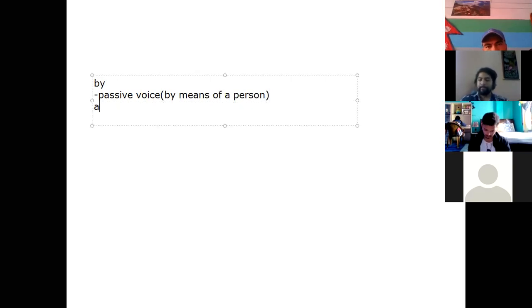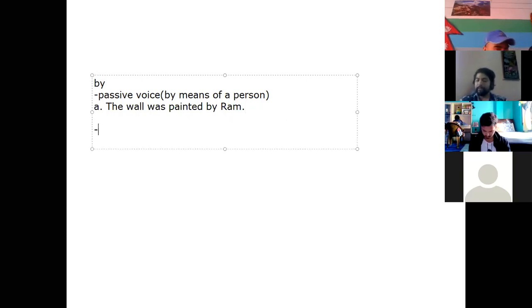For example, the wall was painted by Ram. Passive sentence. Who painted the wall? It was Ram who painted the wall. So the wall was painted by Ram, Ram being the one who made this action happen.